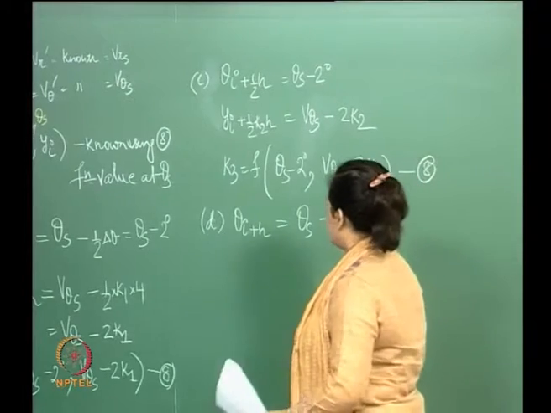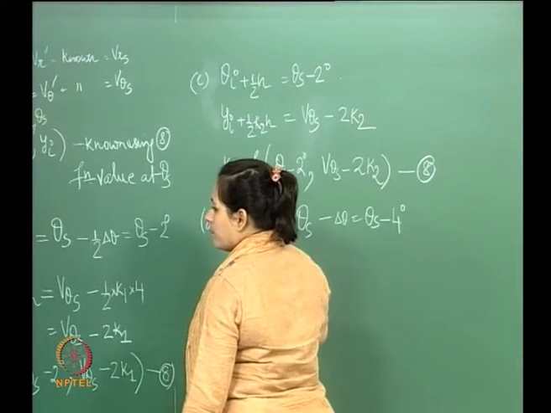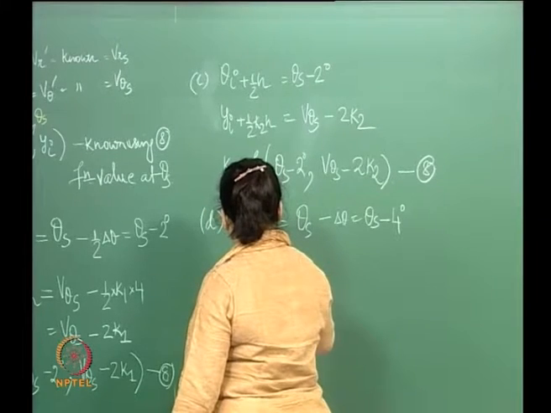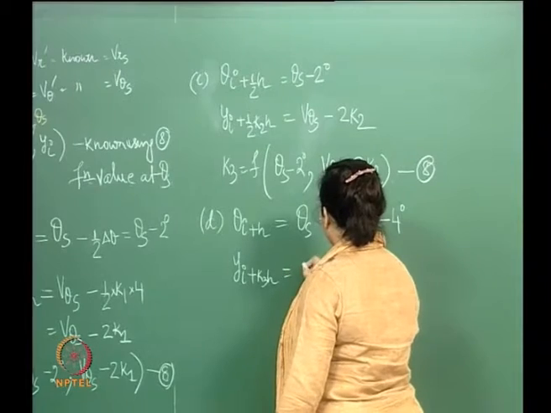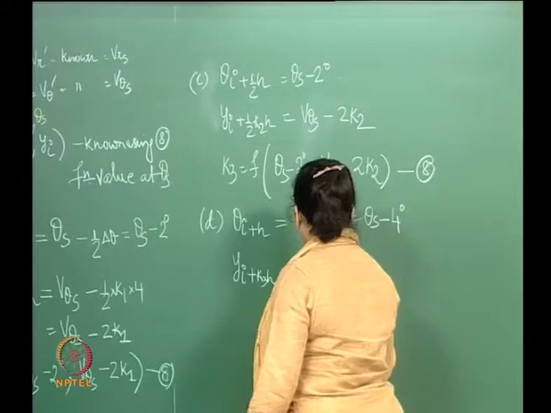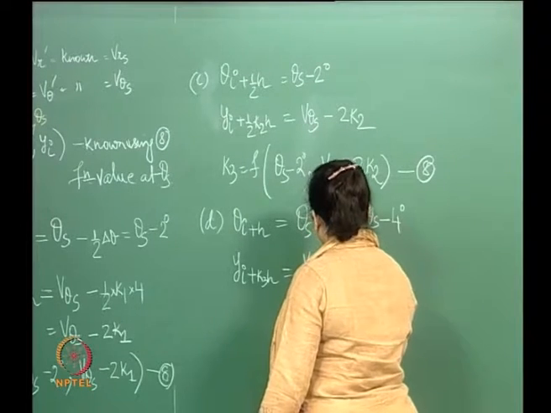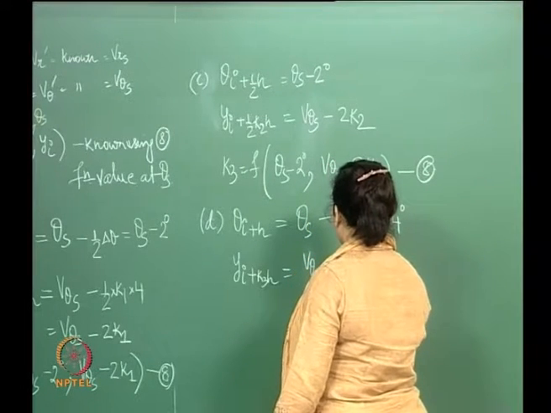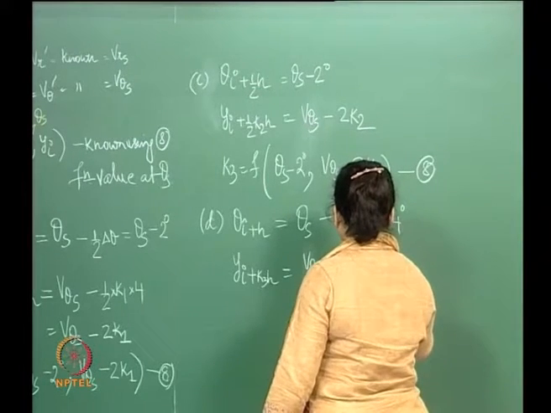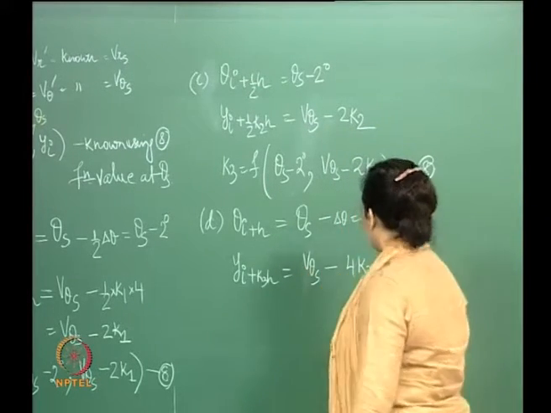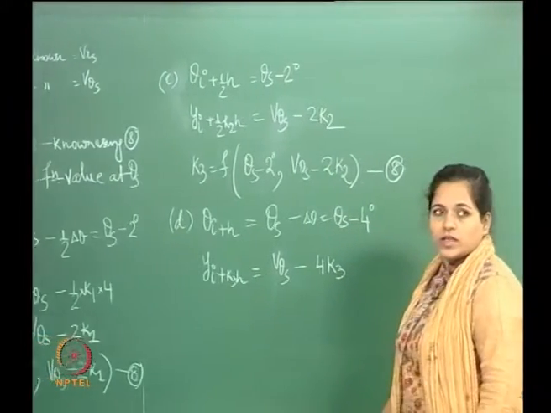Then y I plus k3 h, so this is again y of I, which is v theta s minus 4 into k3. Then we get our next arguments.